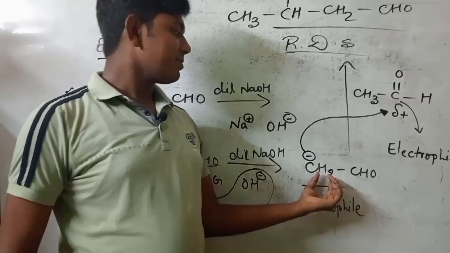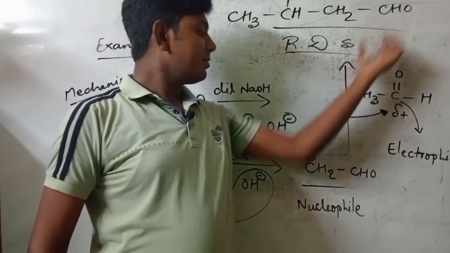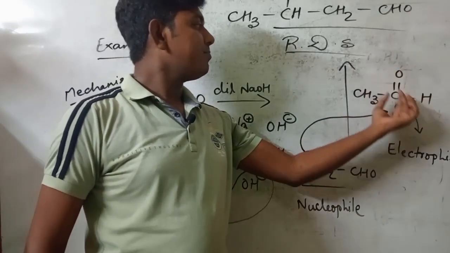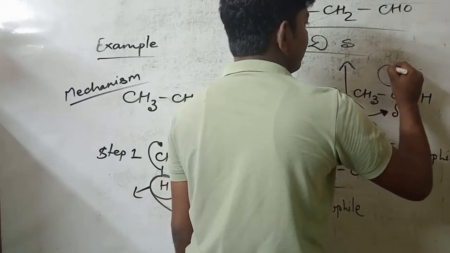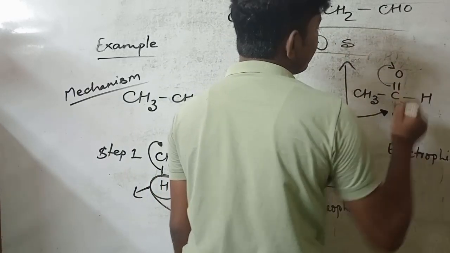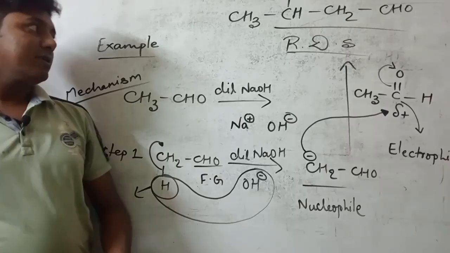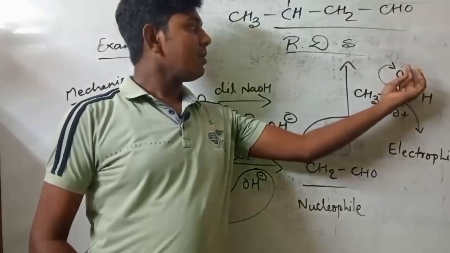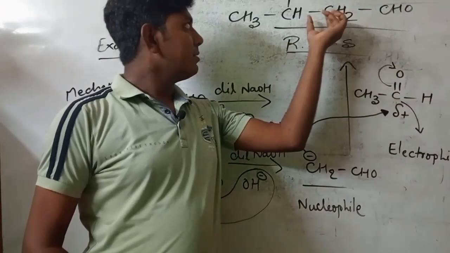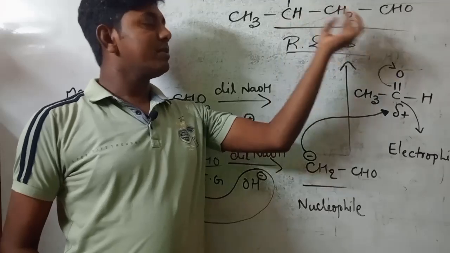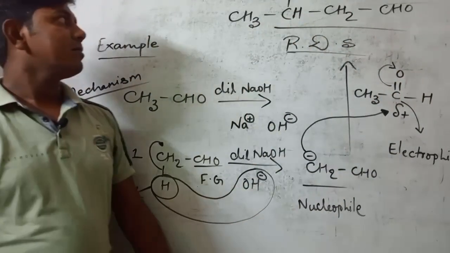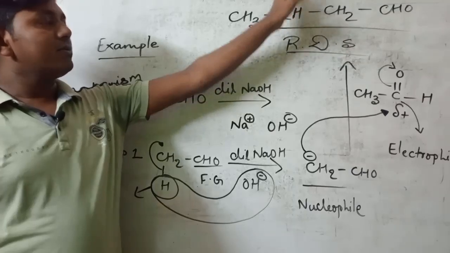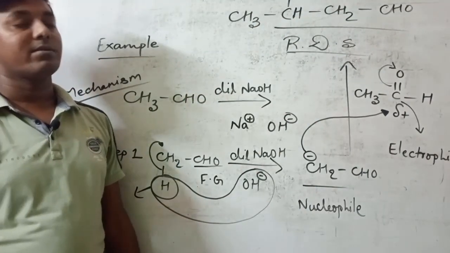So how do we write this? CHO, CH2, after the cleavage of the pi bond, oxygen is converted into negative charge. This carbon and this carbon are attached to each other, and the methyl group is attached to this carbon atom, and oxygen is negatively charged.